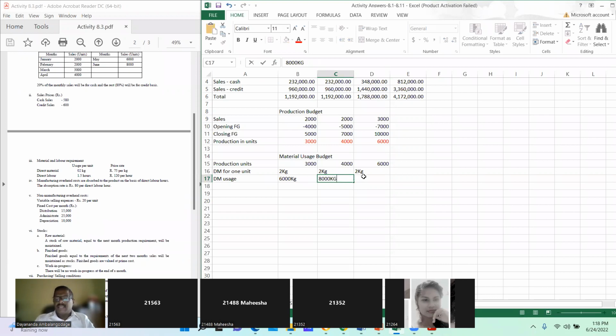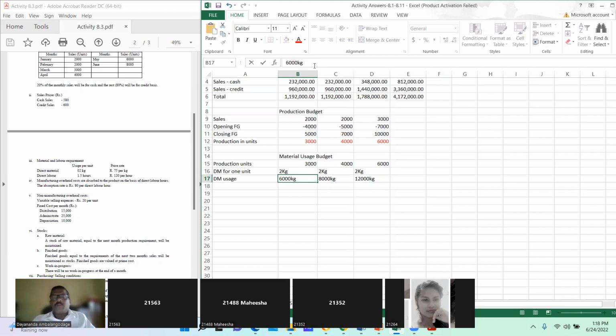And here it is 12,000 kg. Agree? That is called material usage or material requirement, based on the production budget.